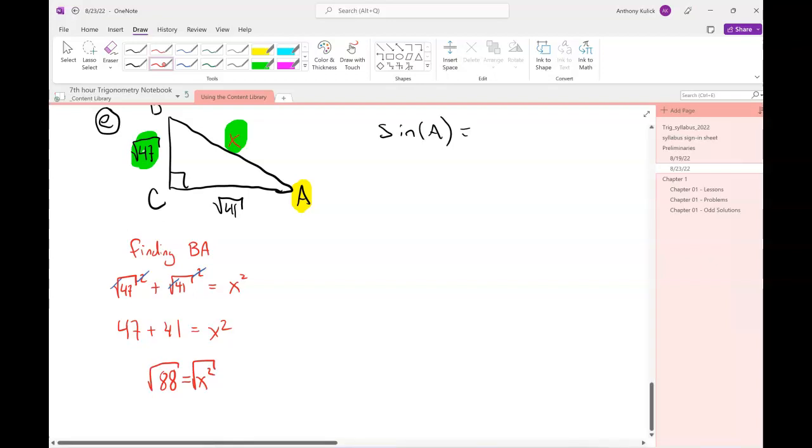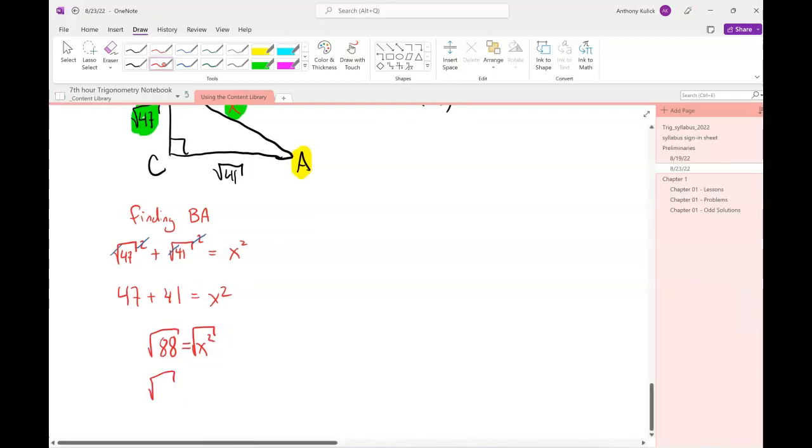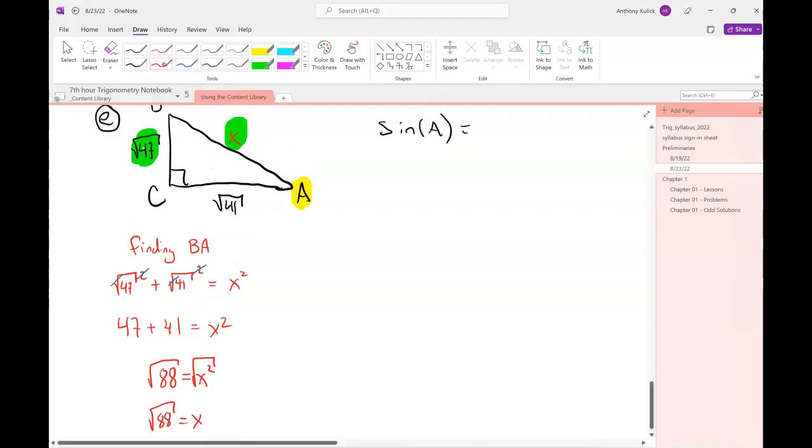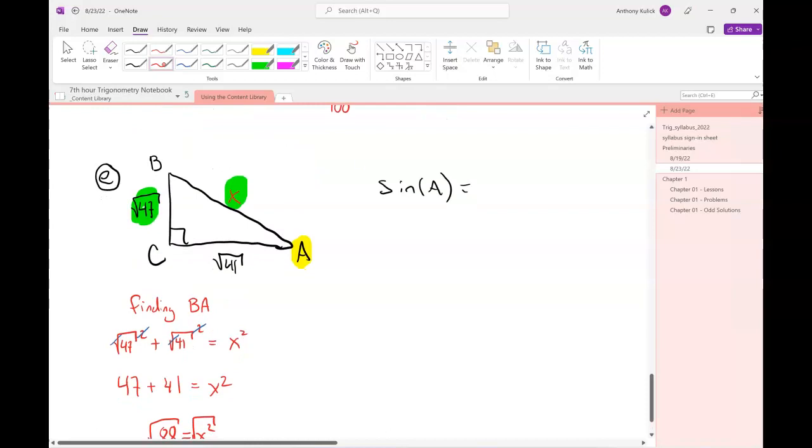If we want a rounded answer, that's enough, right? We can just use the square root of 88 if we want a rounded answer. So we'll just write here square root 47 over square root 88.